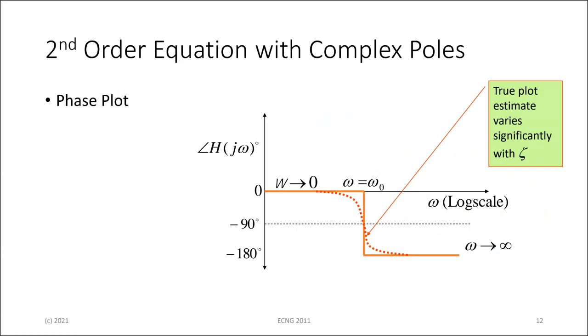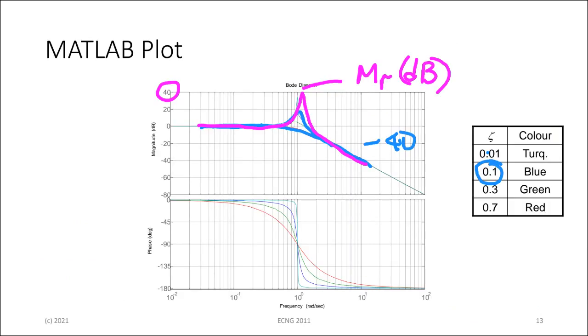And of course, how the dotted line, which is the real performance, behaves changes significantly with zeta. So on the same diagram, you can see that when zeta is very small, and let me just zoom it up a little bit again, the turquoise line here changes very suddenly from 0 to minus 180.